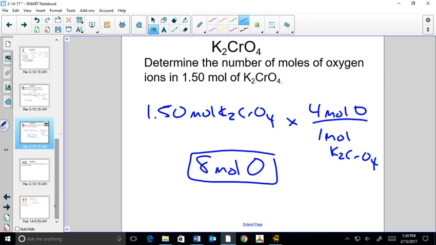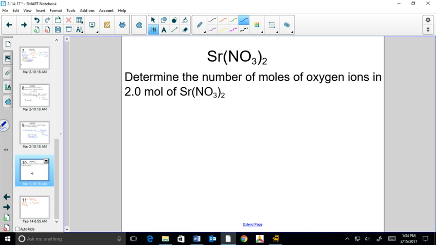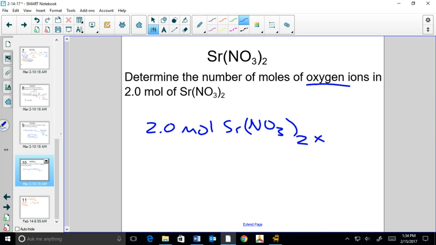Same concept if I have a polyatomic ion here with strontium nitrate, Sr(NO3)2. If I want to know the moles of oxygen in 2.0 moles of Sr(NO3)2, I'm going to multiply that by, again, the ratio of these.